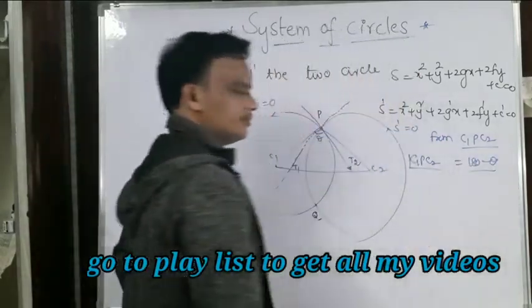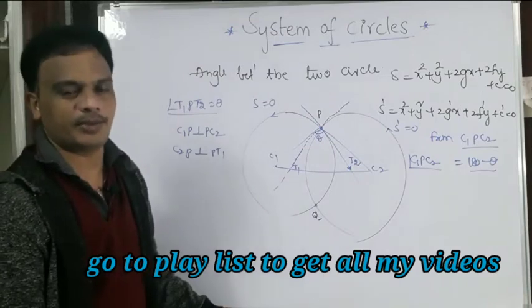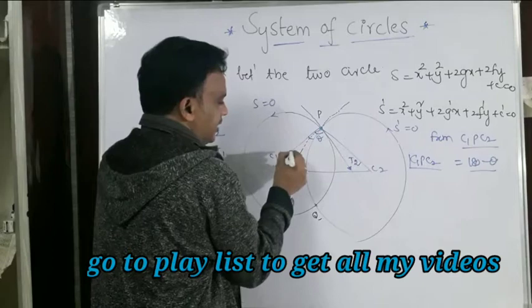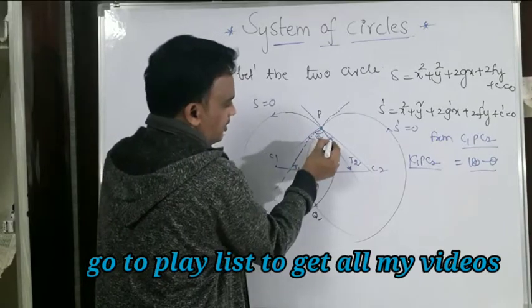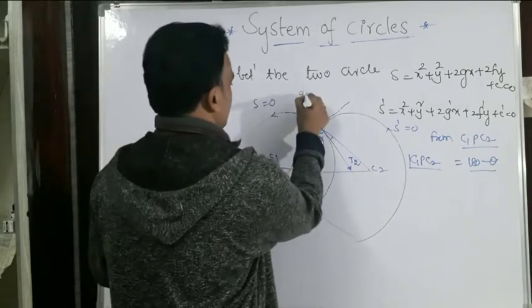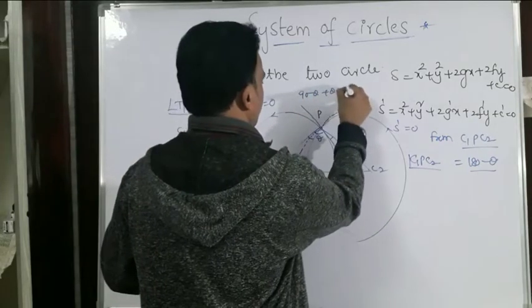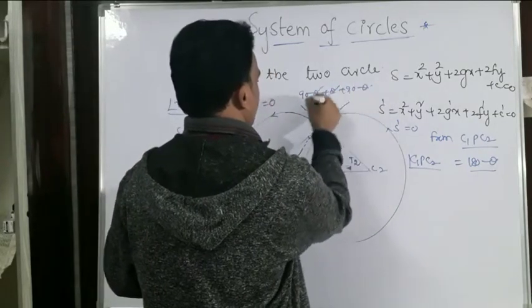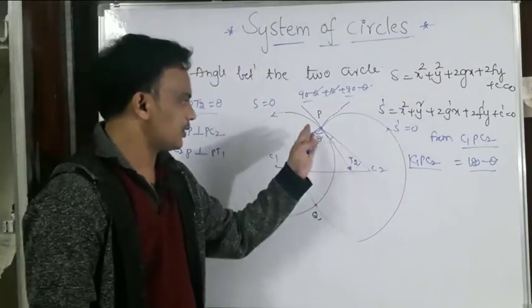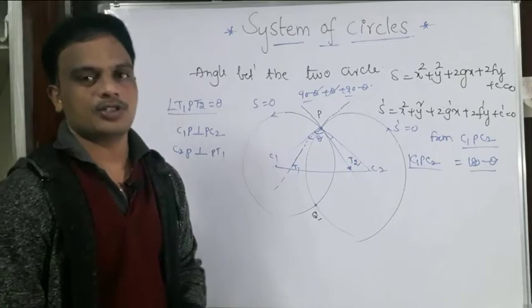Am I right? How is it 180 minus theta? This part is 90 minus theta and this part is also 90 minus theta. Totally it will be 90 minus theta plus 90 minus theta, which is 180 minus theta. The angle C1PC2 at P is 180 minus theta.